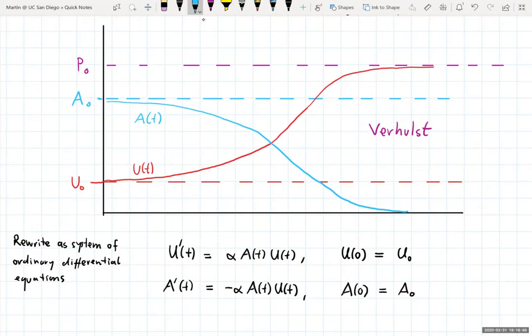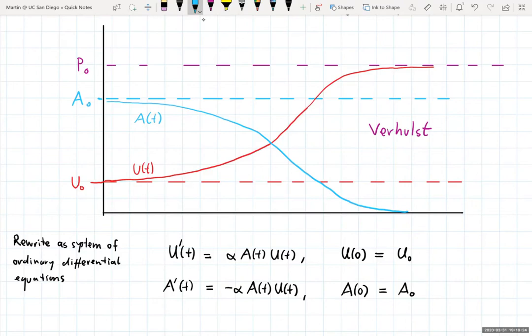Now, our original expression for u prime of t can be rewritten as follows: u prime of t equals alpha times a of t, the number of available people in the social network, times u of t, the number of users in the social network. I simply substituted p naught minus u of t with the definition a of t.